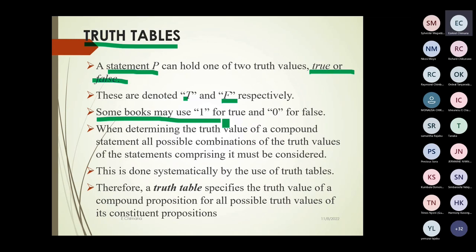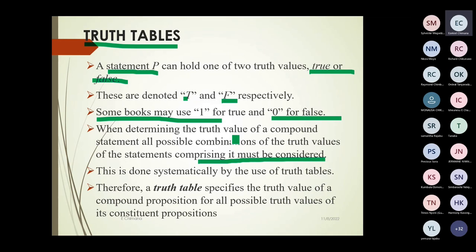Some books may use 1 for true and 0 for false. It's still the same. So when determining the truth value for a compound statement, all possible combinations of the truth values of the statements comprising it must be considered.